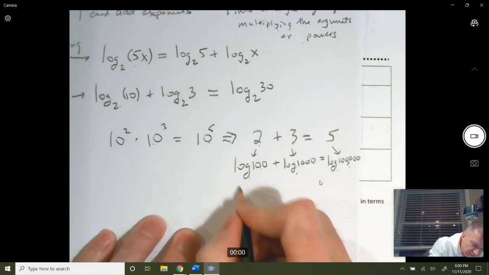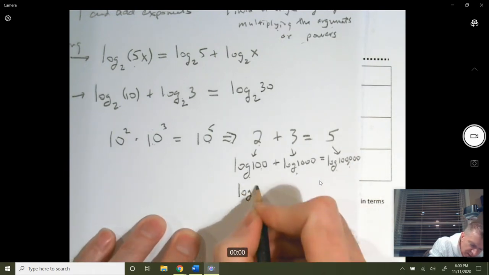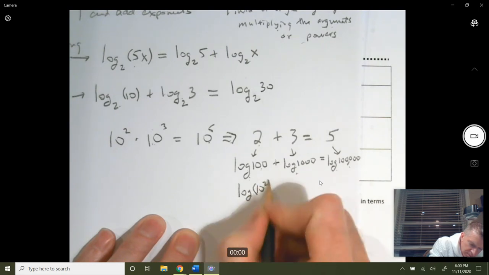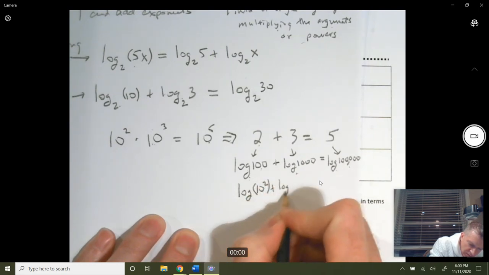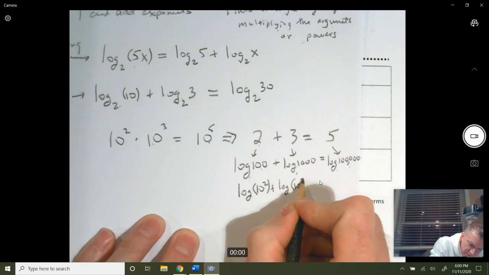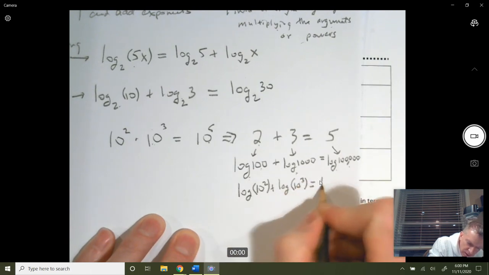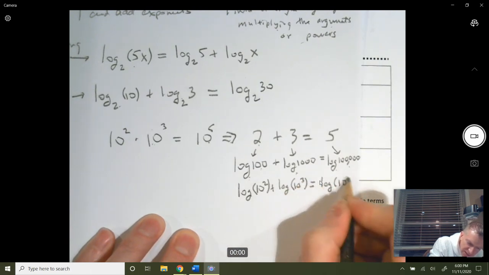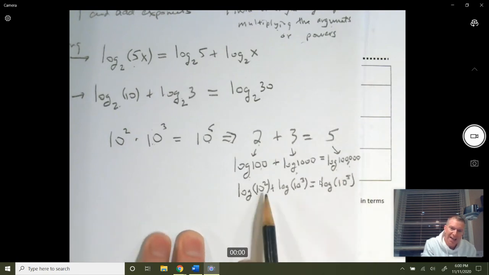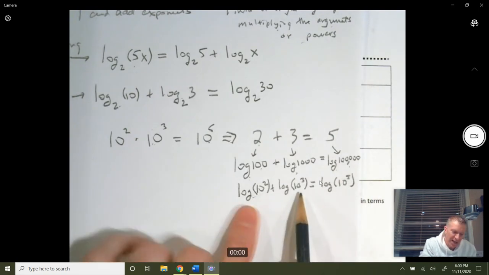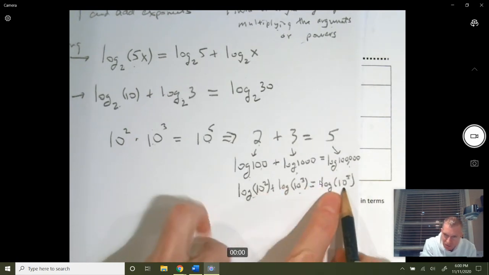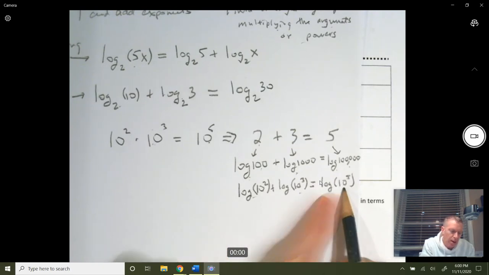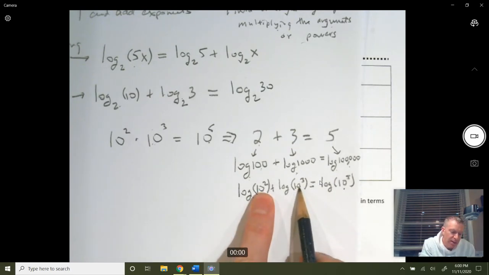So basically what we've done here, this is log of 10 squared plus log of 10 cubed equals log of 10 to the fifth. When I add two logs together, I can combine them into a single log by multiplying the arguments or the powers.